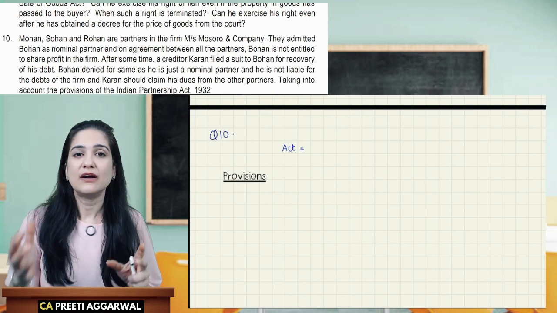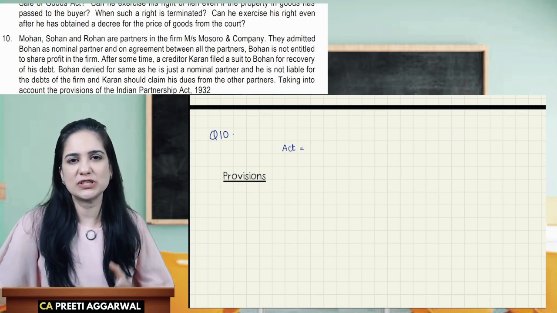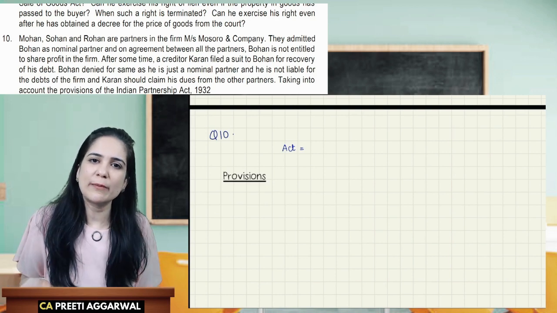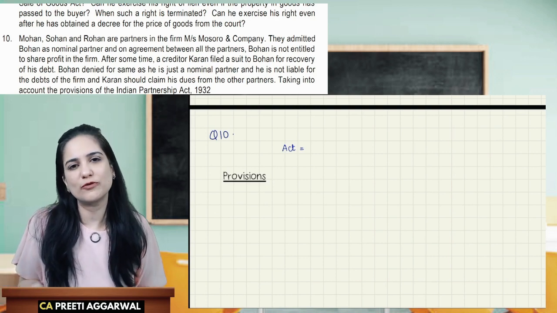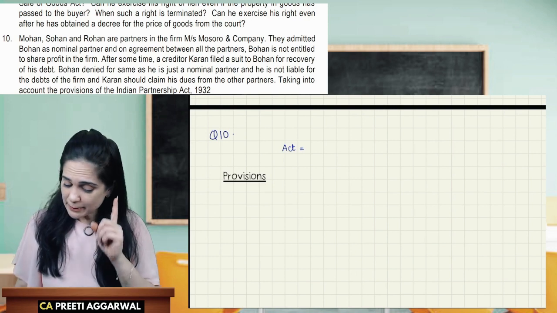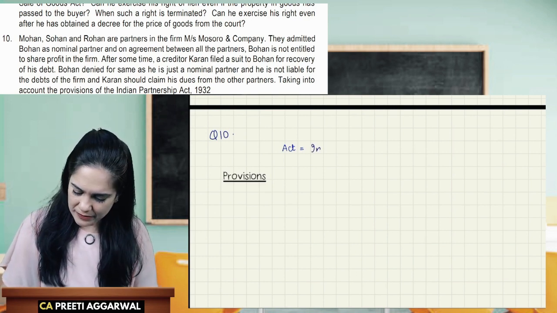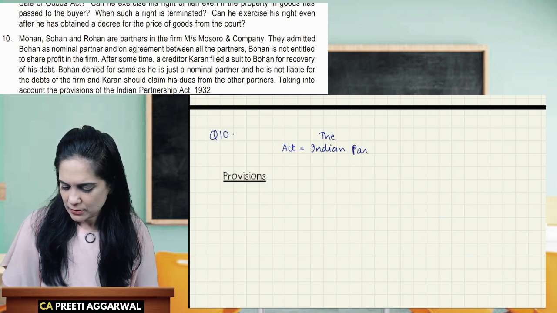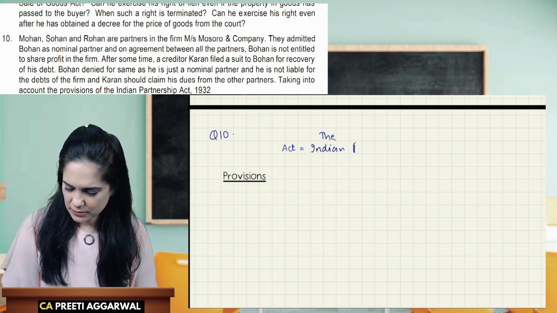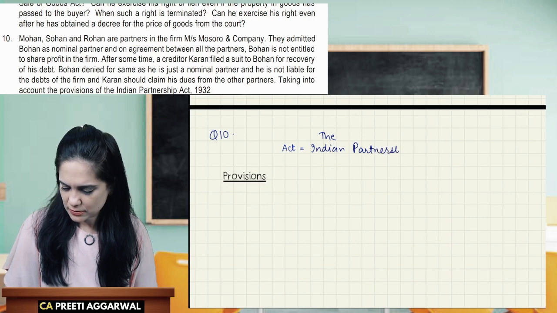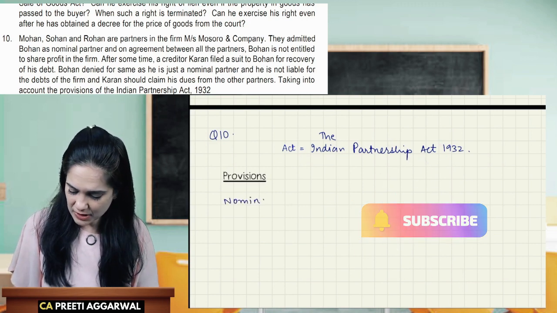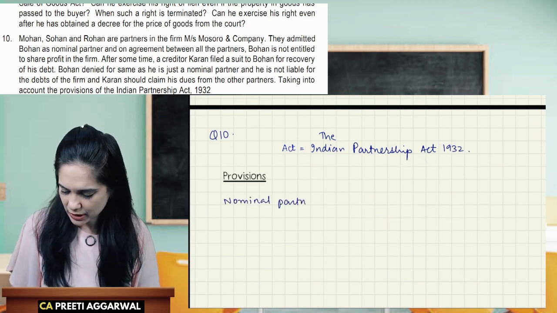But before that, what should I write in the provisions part of it? The hint is given in the question itself. They are talking about a nominal partner, so you have to mention the provisions relating to a nominal partner. But before that, the question relates to the Indian Partnership Act, 1932. Now you will write about the nominal partner.